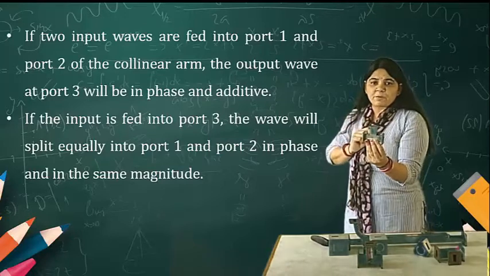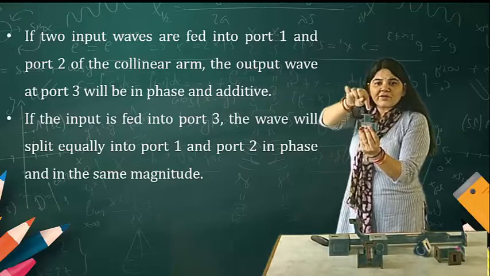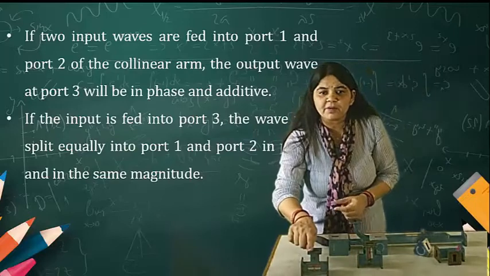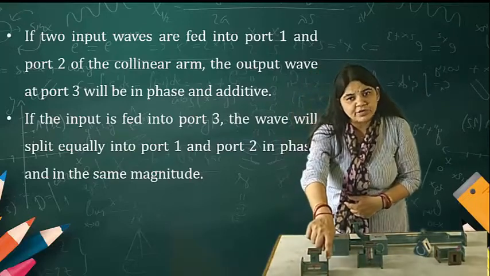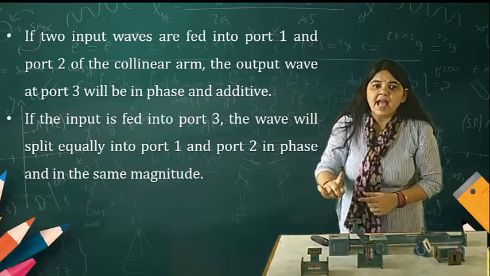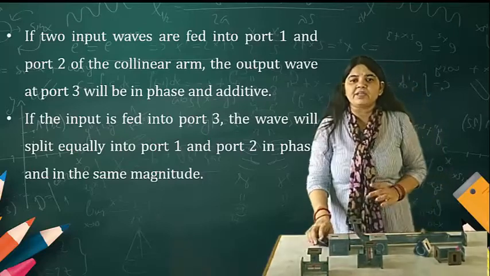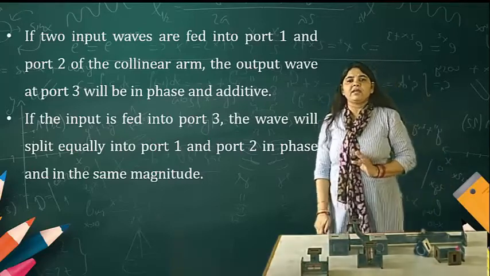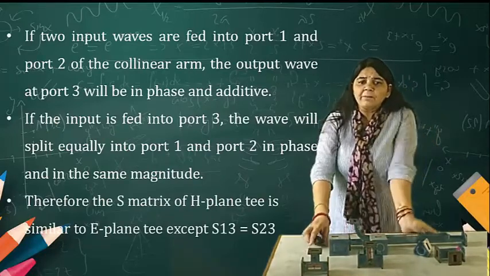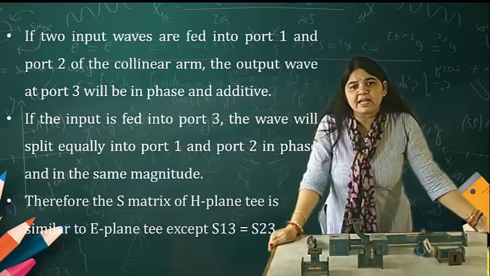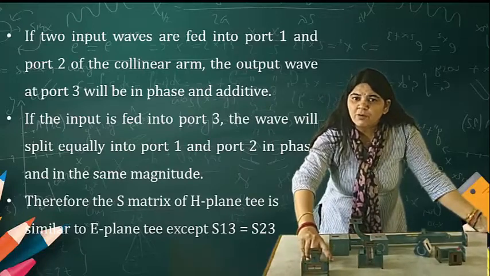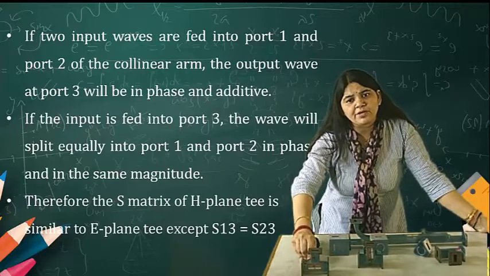But in the case of the H plane T, if you feed the input from port number 3, you have outputs at port number 1 and port number 2 that are in phase and have the same magnitude. This is what we have to use while deriving the S matrix. So one S parameter relation we know is that if I apply the input at port number 3, the outputs at port number 1 and port number 2 are the same.